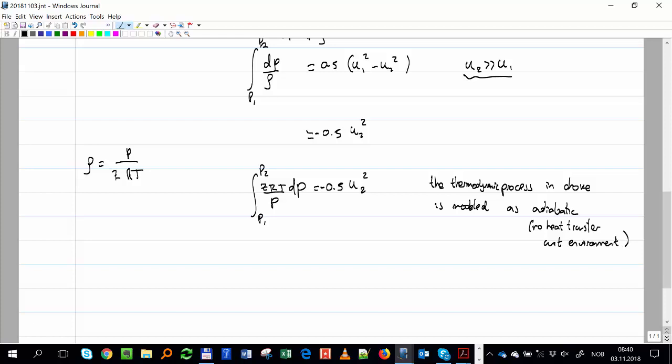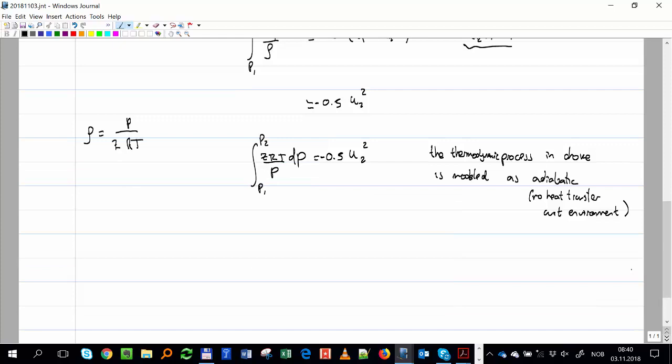So if we do that, we end up saying that P1 over density to the K should be constant from P1 to P2. And that's a demonstration. If you go to any thermodynamics book, for a real gas with an adiabatic process from P1 to P2, that's the relationship that has to be honored.